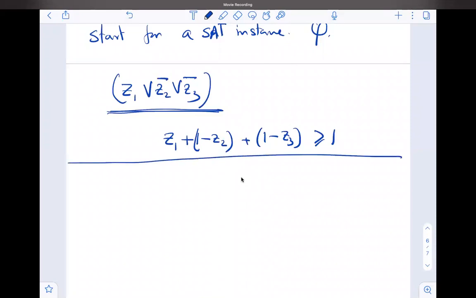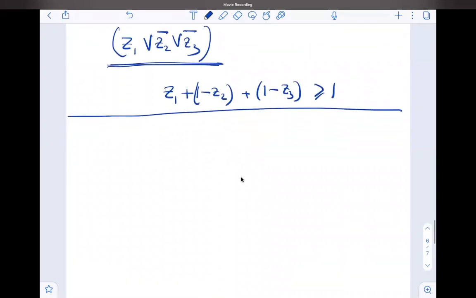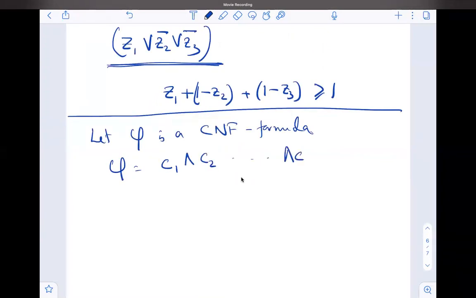Excellent. So if I have to write it properly, here it is. Let phi be a CNF formula, so phi equals C1 and C2 till Cm.